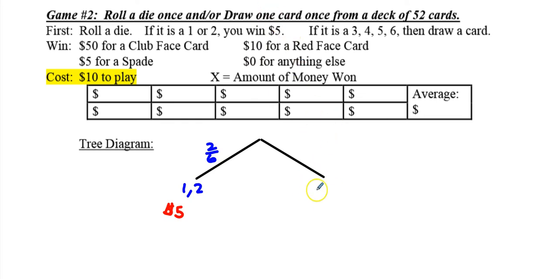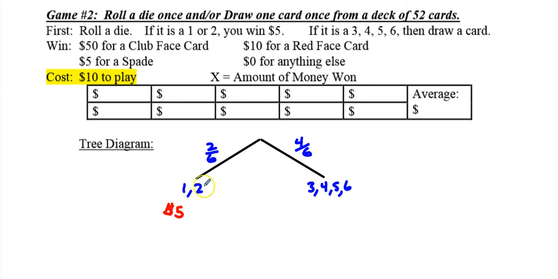In the second case, if you roll a 3, 4, 5, or 6, you're going to move on. And the probability of doing that is 4 over 6. When you draw the tree diagram, there are 3 things you need to label.